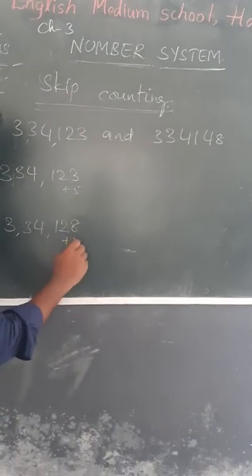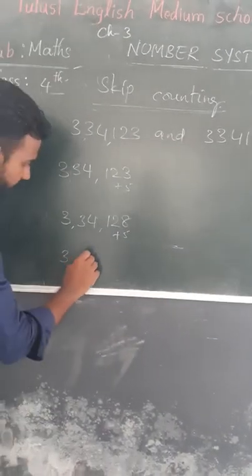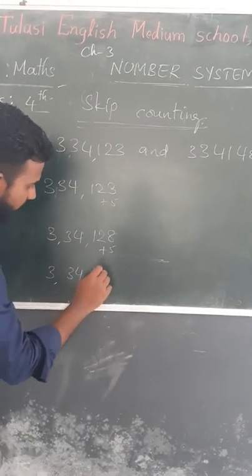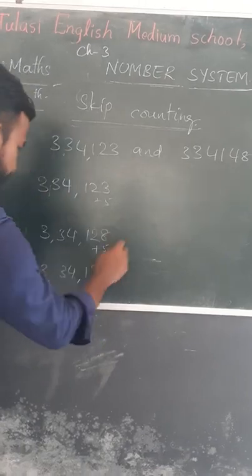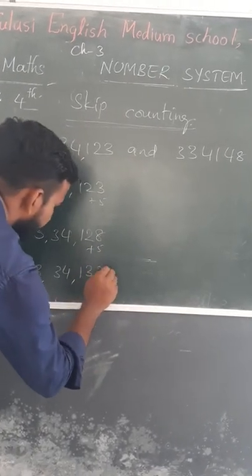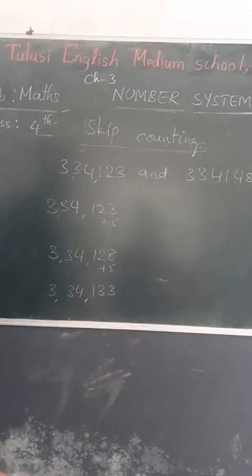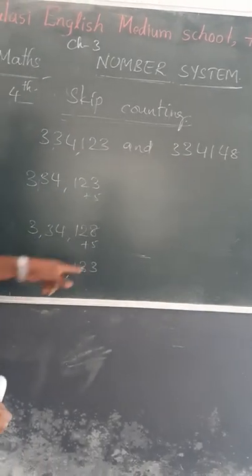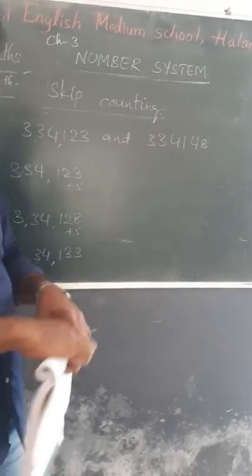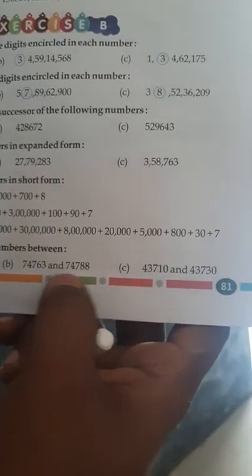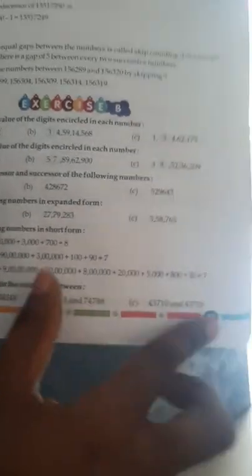Again 3,34,133. So in that way, up to 3,34,148, you have to add 5. Here also, the difference should be same between each number.